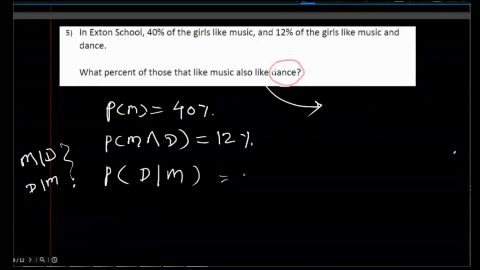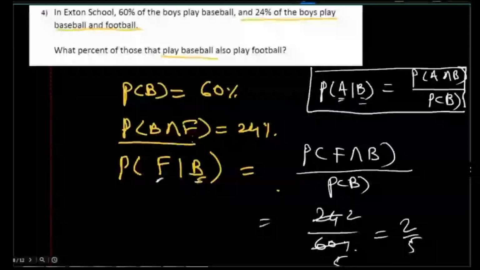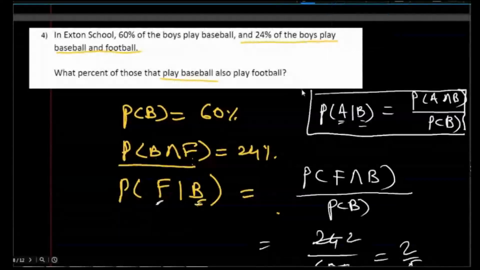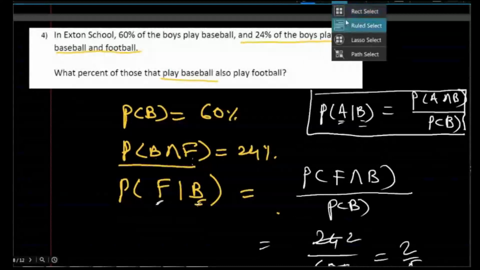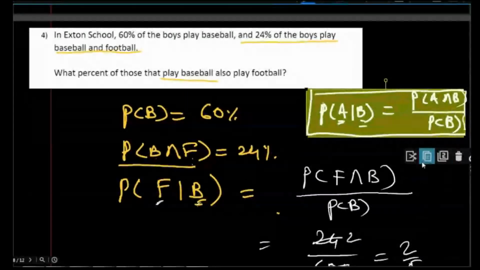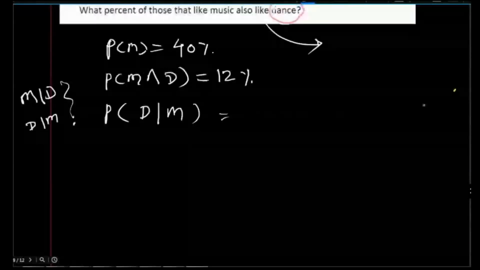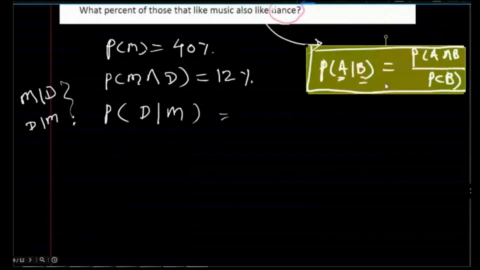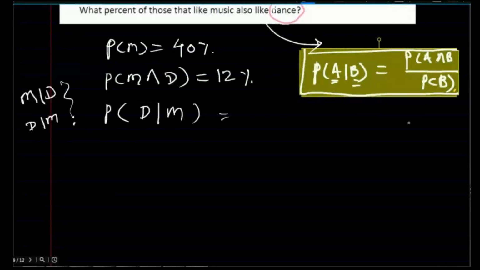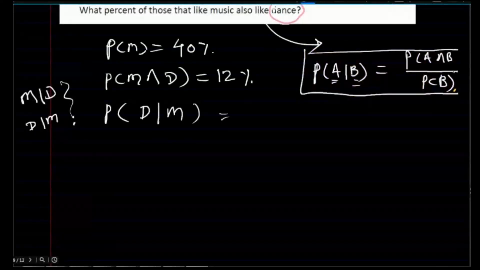Okay, now just put this in the formula. Let us write the formula again. Only remember this: A given B, AB, AB, B. You can remember it as AB, AB, B. So what is A here?